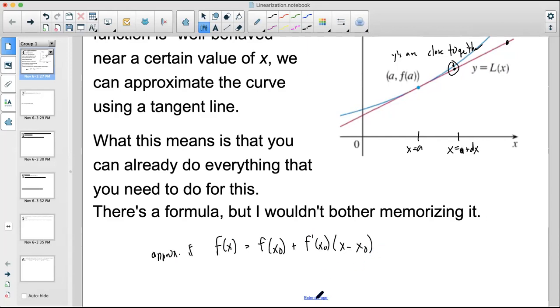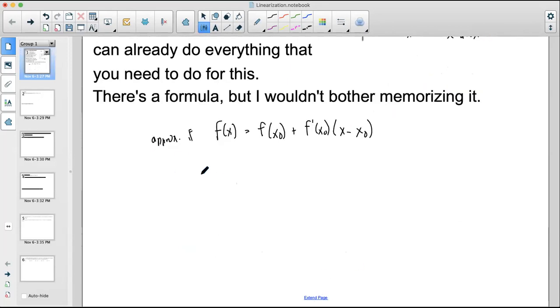And what this basically is just a rewriting of y minus y1 equals m times x minus x1. Basically the y corresponds to f of x, and y1, which we know is a number, corresponds to f of x0, and m is the same as the derivative, and x1 is the same as x0, and x is just x.